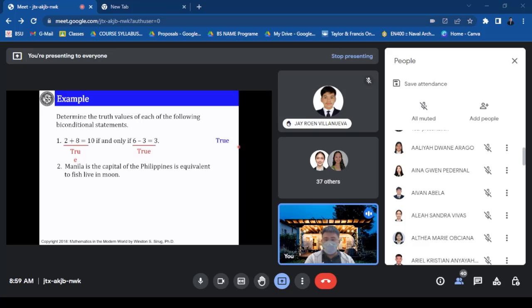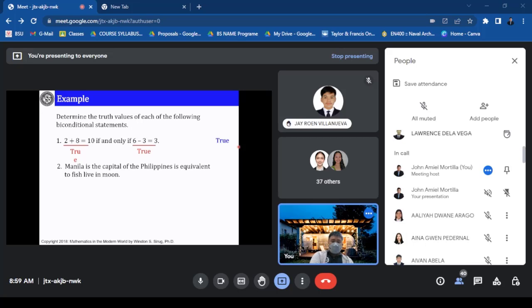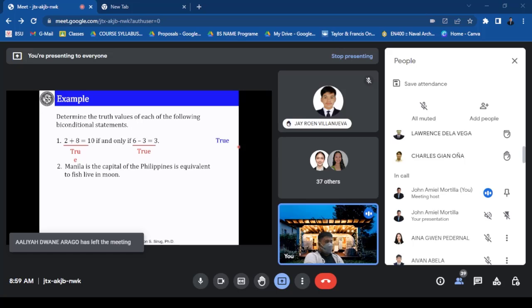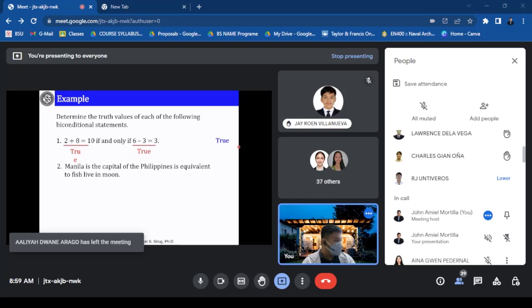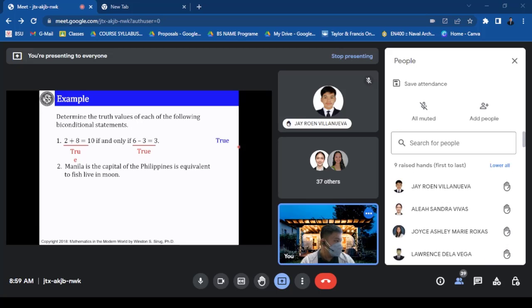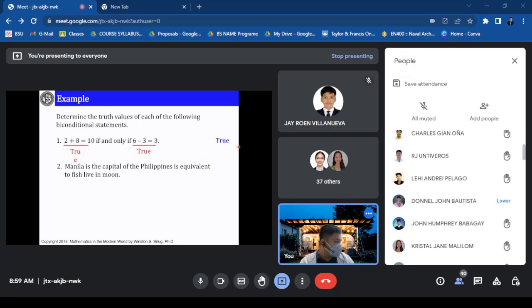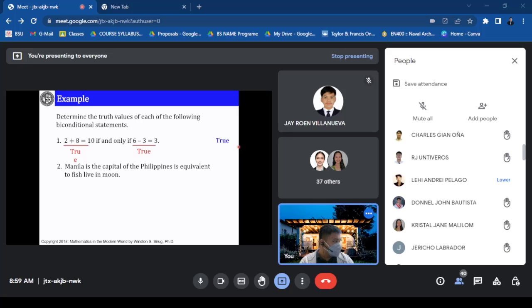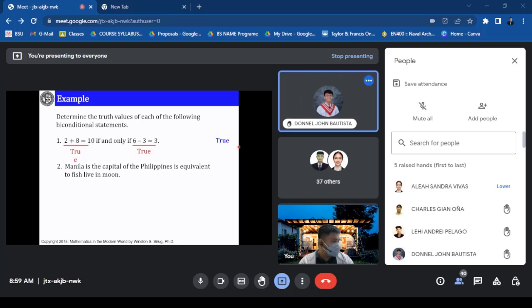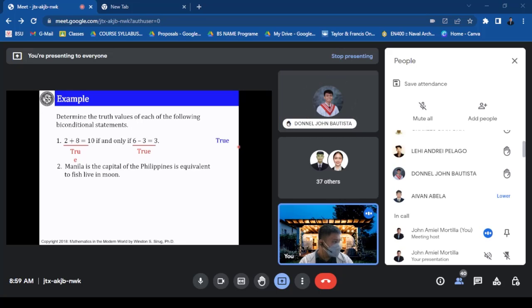Number 2, Manila is the capital of the Philippines is equivalent to fish live in the moon. False po, sir. Okay, why is it false?